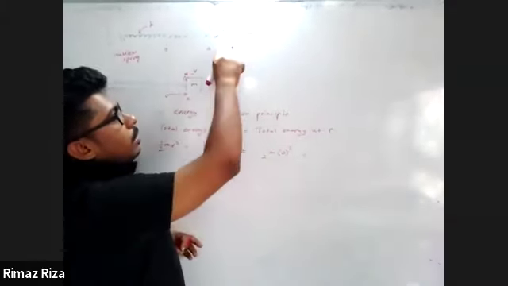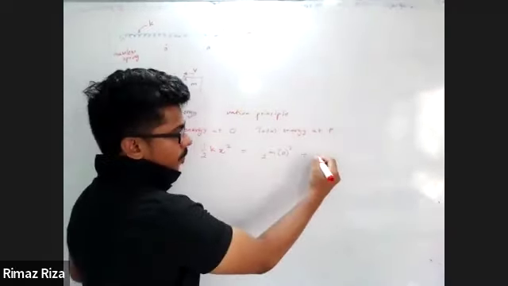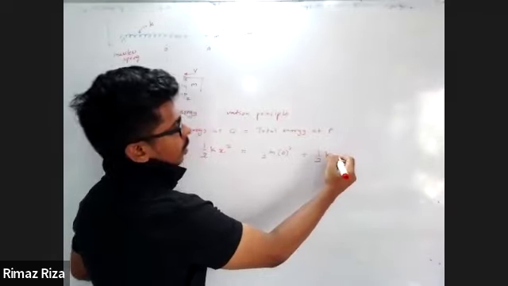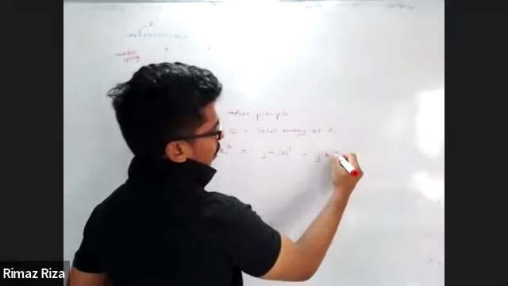And the potential energy, the elastic potential energy, half k x squared, where the displacement x equals a, so half k a squared.